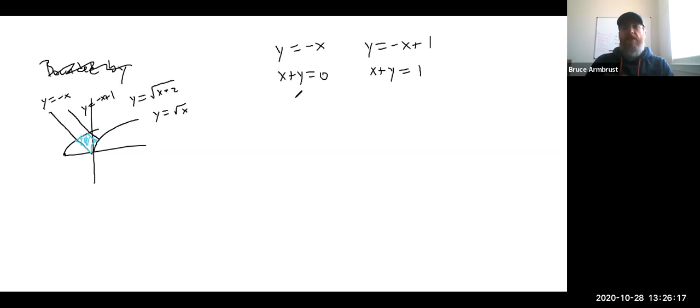So what that suggests to me is that I want to use a u equaling x plus y. Because if I do that transformation, then these boundaries become u equals 0 and u equals 1.